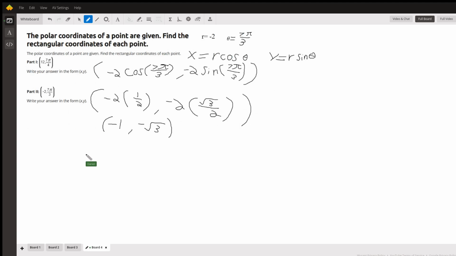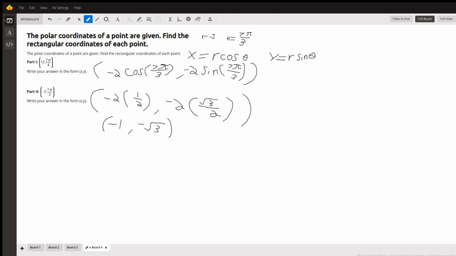For part 2, let's switch over here and do the exact same thing. We identify the r and theta values. For r, we have negative 2, and for theta, we have 7 pi over 3. Once again, we use the formulas x equals r cosine theta and y equals r sine theta.